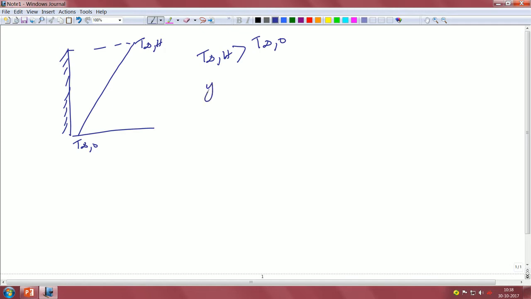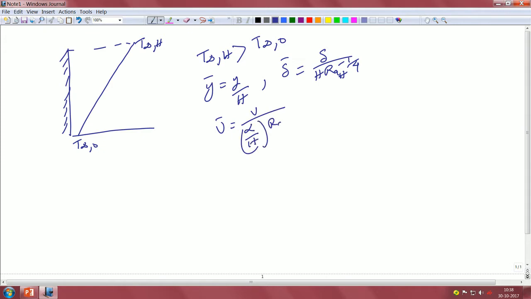By our definition, y bar was equal to y by h, if you recall, just consult your notes. Delta bar was normalized by h Ra_h to the power of minus 1/4. V bar is given as V divided by alpha by h, Rayleigh number h to the power of half.